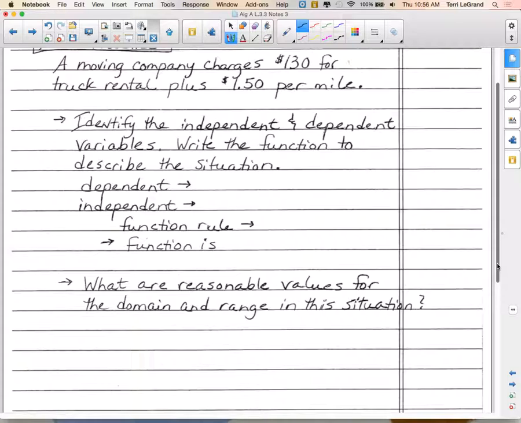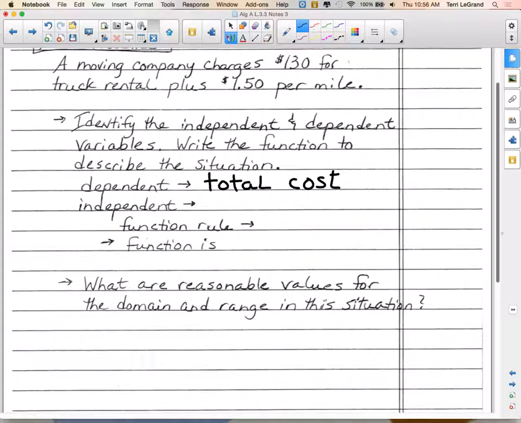Go ahead, Blake. The total cost depends on how many miles. Yeah, the total cost, how much it's going to cost you altogether, depends on how many miles you put on this truck, right? So the dependent variable is the total cost. And we always need to identify that.